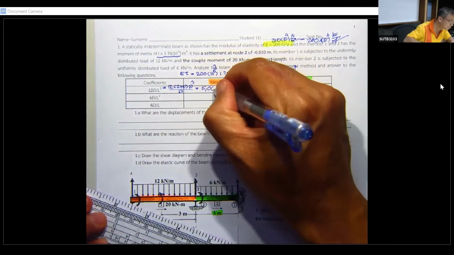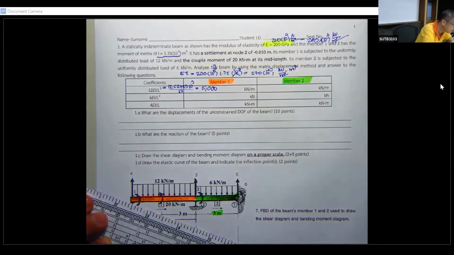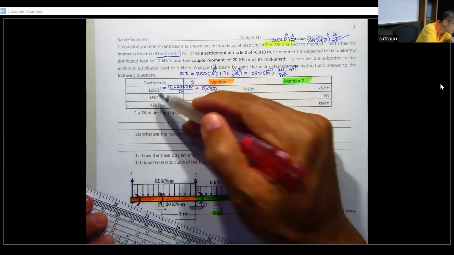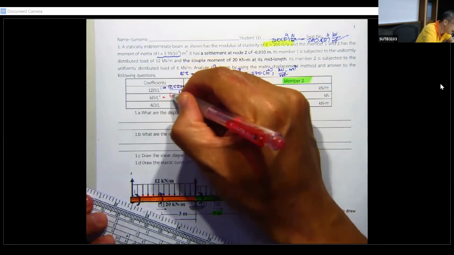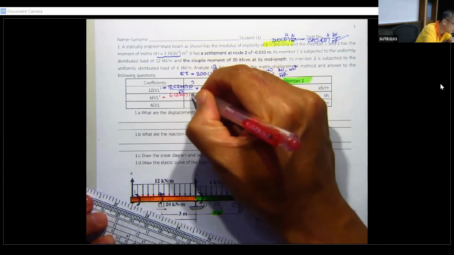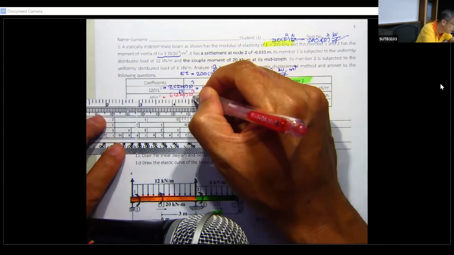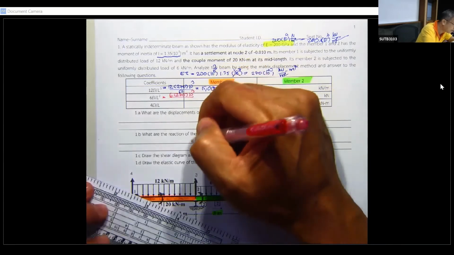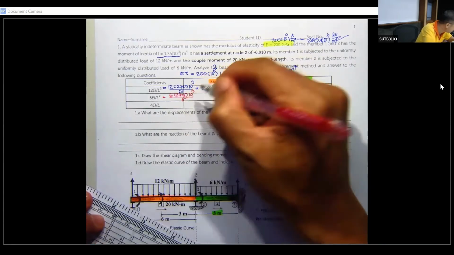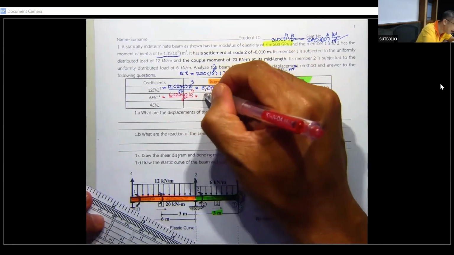And then for the next one, 6 EI over L square. So it's going to be 6 times 270 times 10 power 3 divided by 6 square. Now you get 45,000.